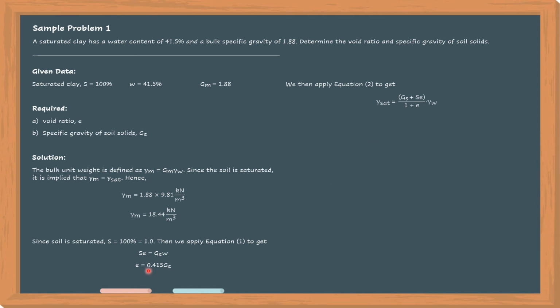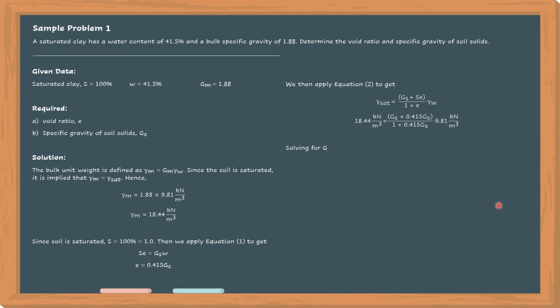Then substituting E is equal to 0.415 G sub S into this equation, we arrive at this equation. And we have already computed the saturated unit weight to be equal to 18.44 kilonewton per cubic meter. So ang only unknown na lang natin dito is G sub S or the specific gravity of soil solids.